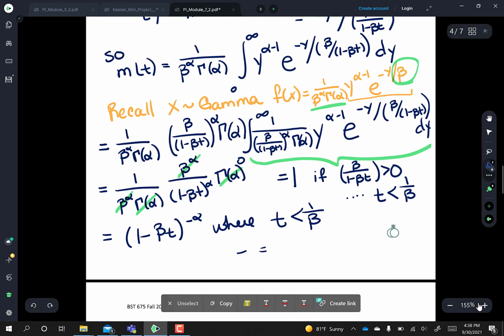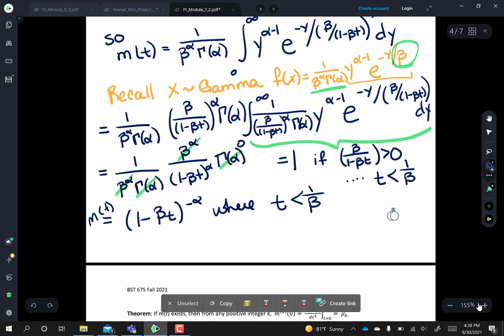Actually, to save space, let's put M of t equals here. All right, so again, that's the moment generating function of the gamma distribution. So to check this, we could put in t equals 1.